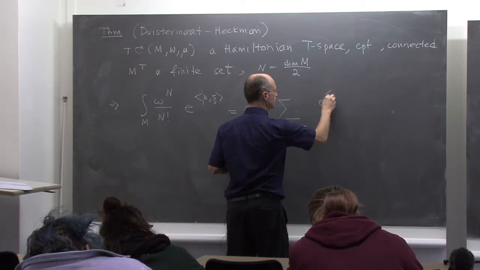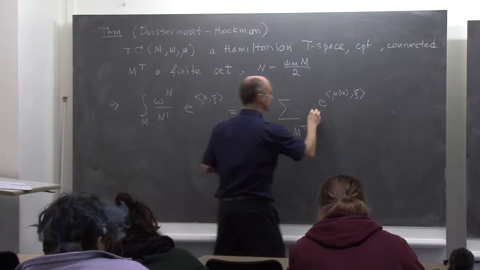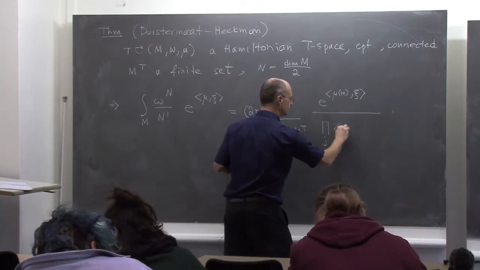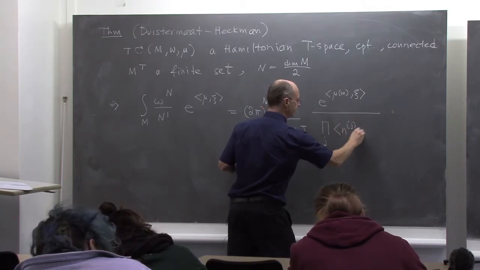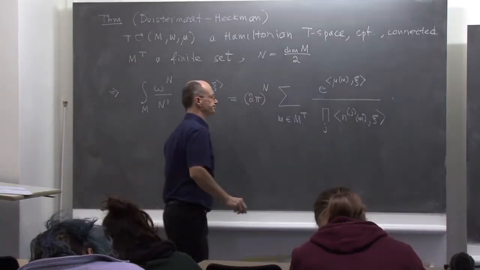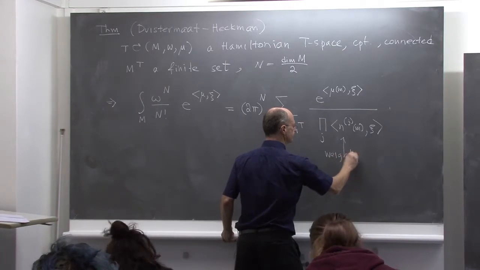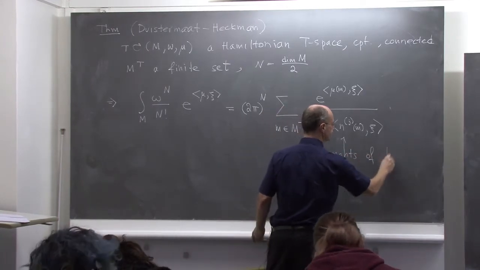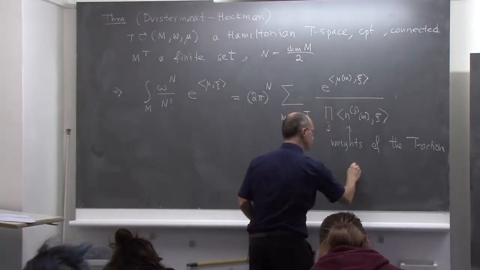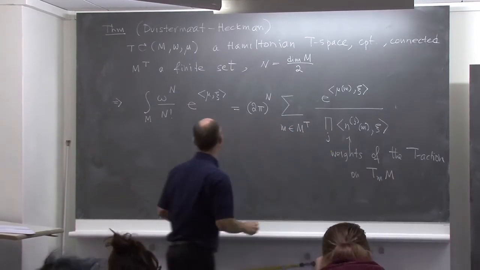And here the exponential factors e^{mu(m)(xi)} divided by the product of linear functions, where these are weights of the T action on the tangent space.